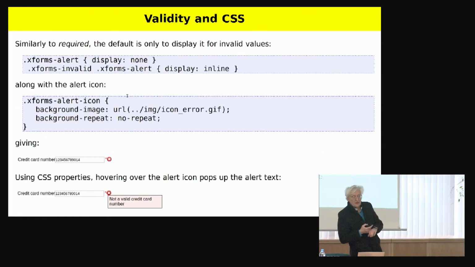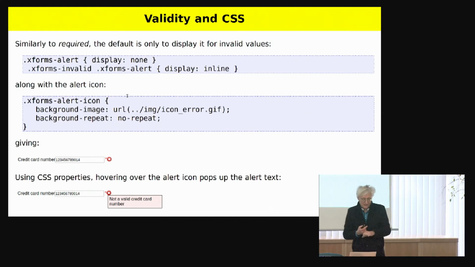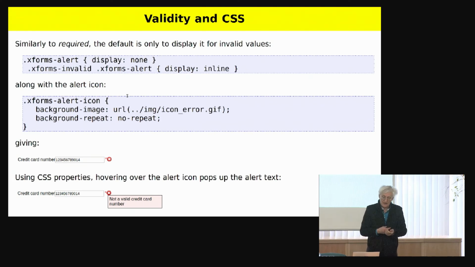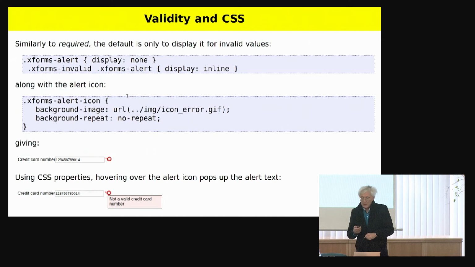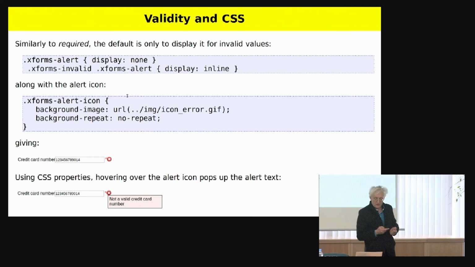And again, the default is not to display it, except when the control has the class XForms invalid, in which case you can display it inline with an image. And again, using CSS properties, and this is how it's done now, if you hover over that invalid symbol, you get the message that tells you what's wrong with it.